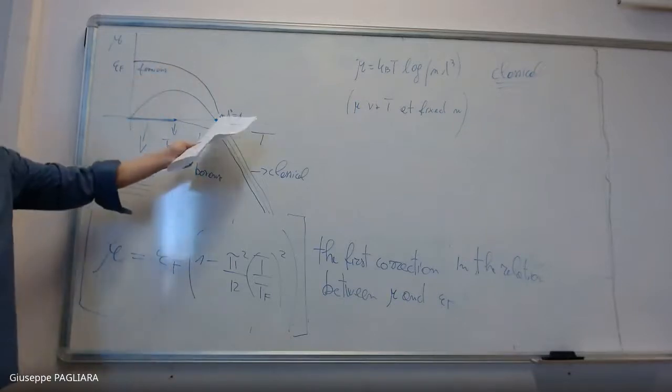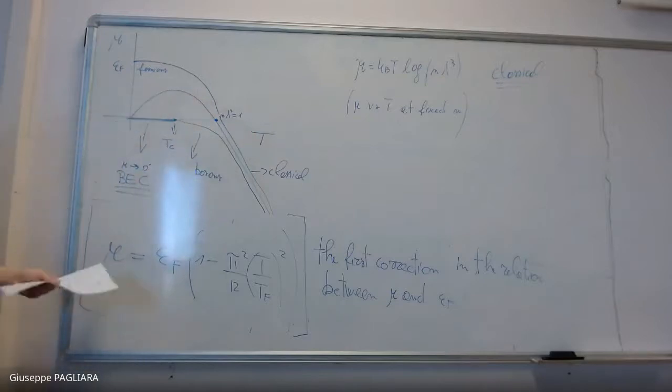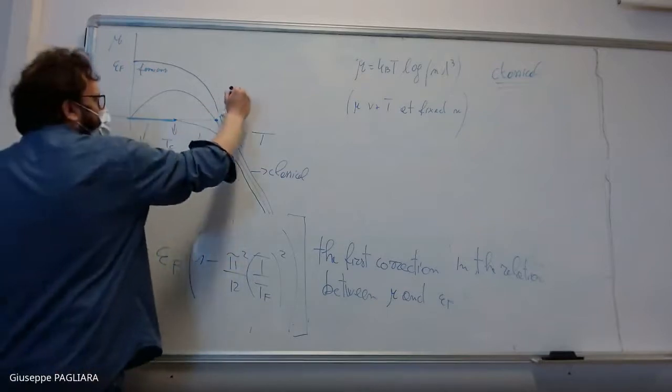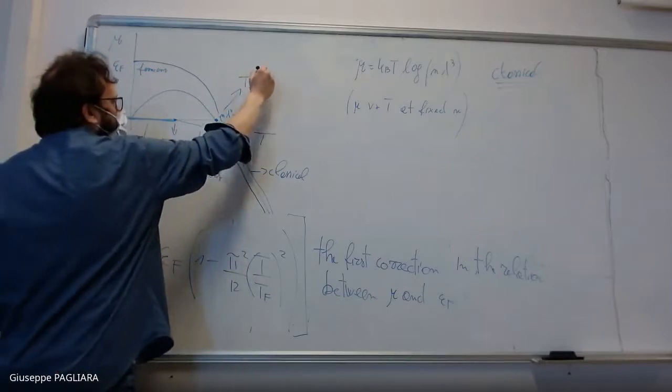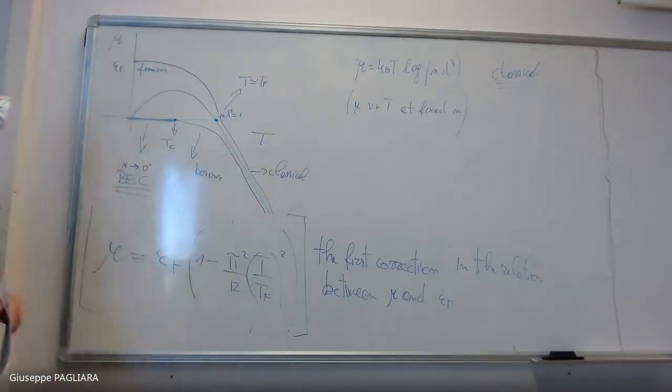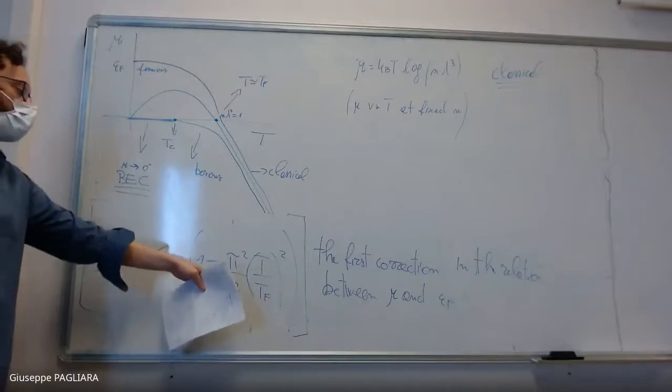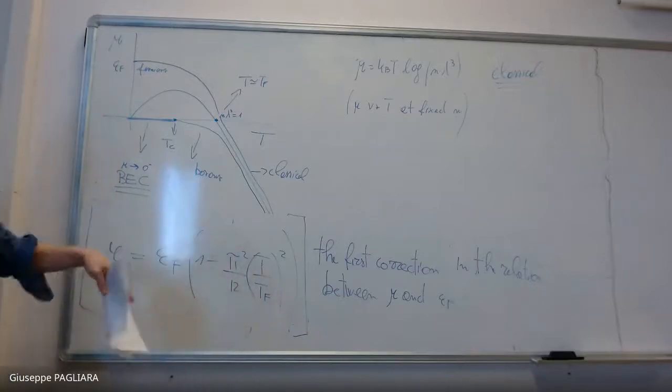And the point at which the Fermi result touches the axis is basically close to TF. So I need to put this equal to 0, no? And T is almost equal to TF. Well, I need to compute this T, so this is 12 divided by pi squared and square root of, right?